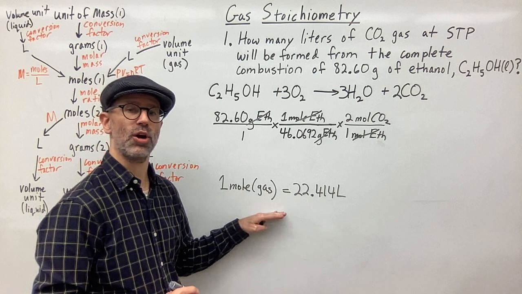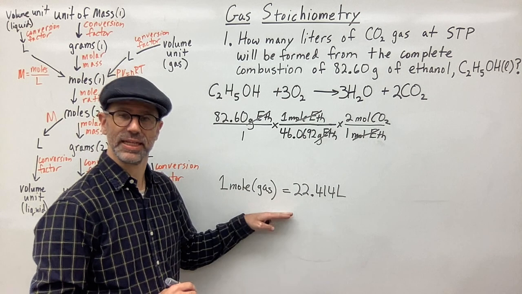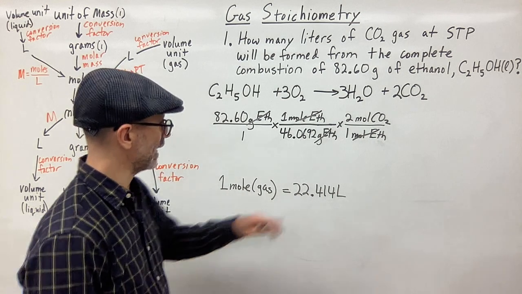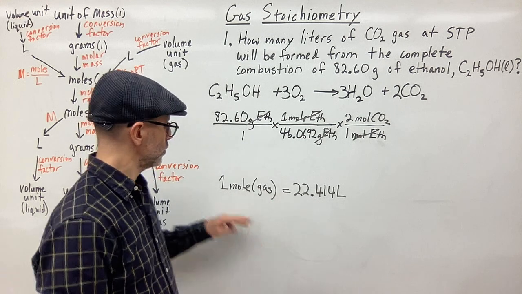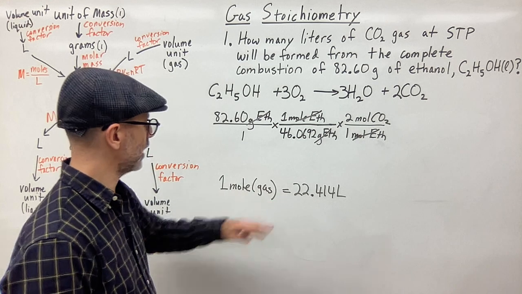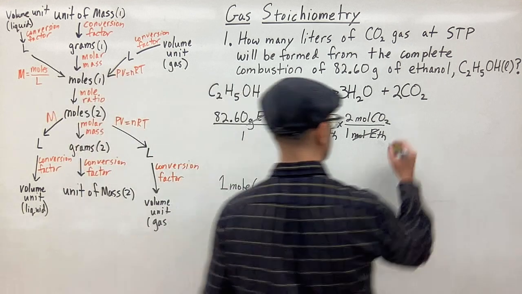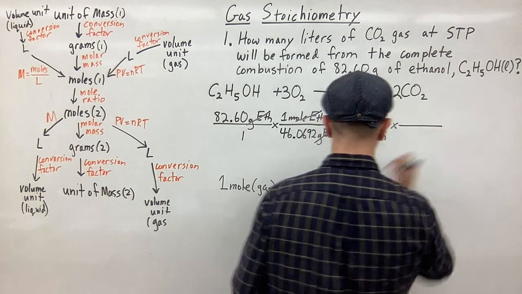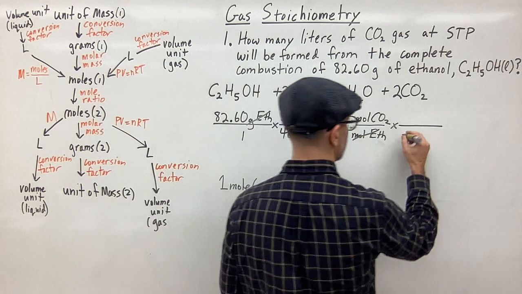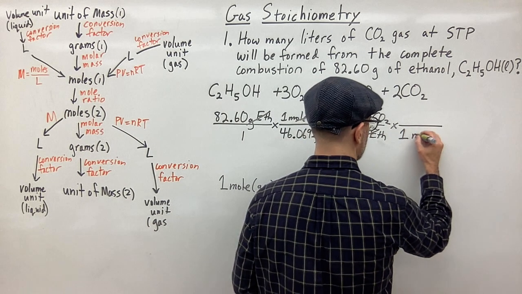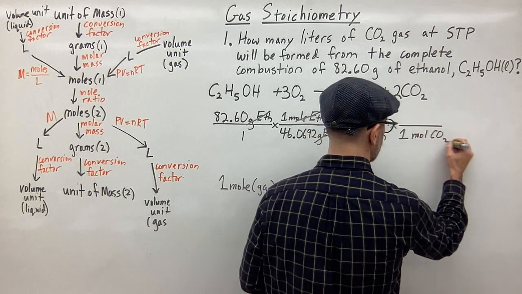This only works under STP conditions. And again, STP is 0 degrees Celsius, 1 atmosphere. So, if I pay attention, then I can just add that as a conversion factor. So I have 1 mole of gas, in this case, carbon dioxide. So 1 mole of CO2.